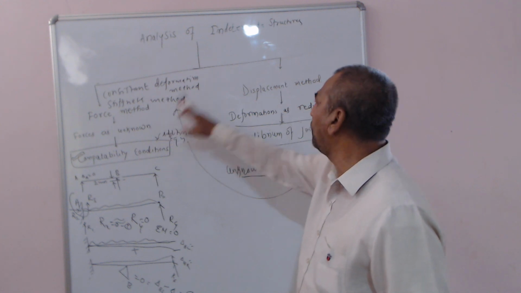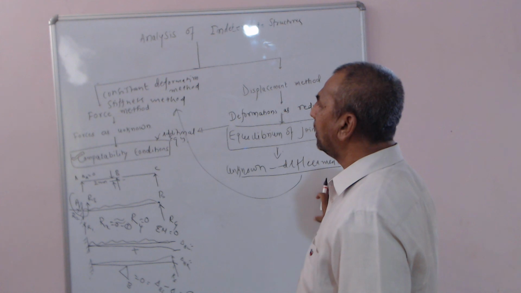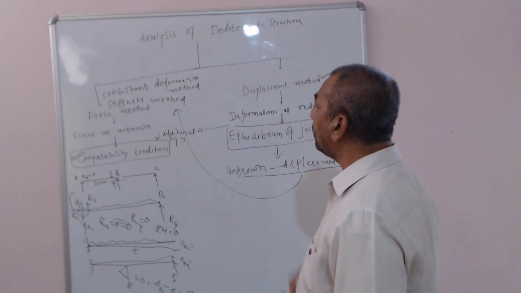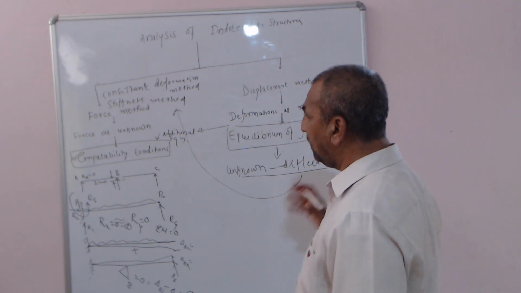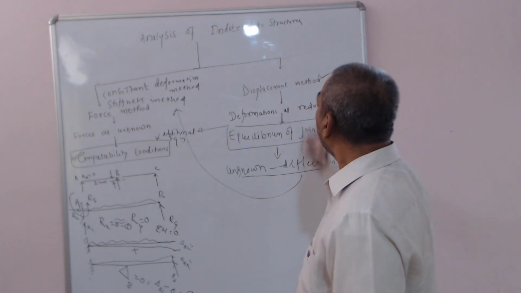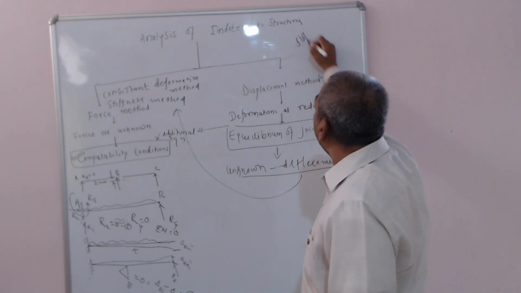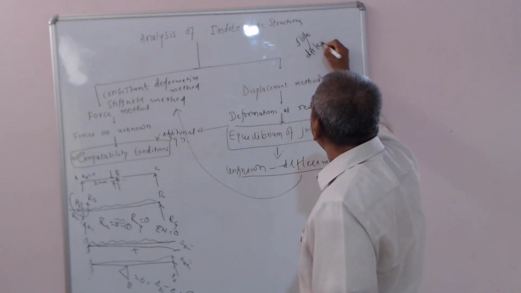Once the force is known, you can calculate the displacement. Hence, in this displacement method, your whole course consists of 5 methods. The first method is the slope deflection method.